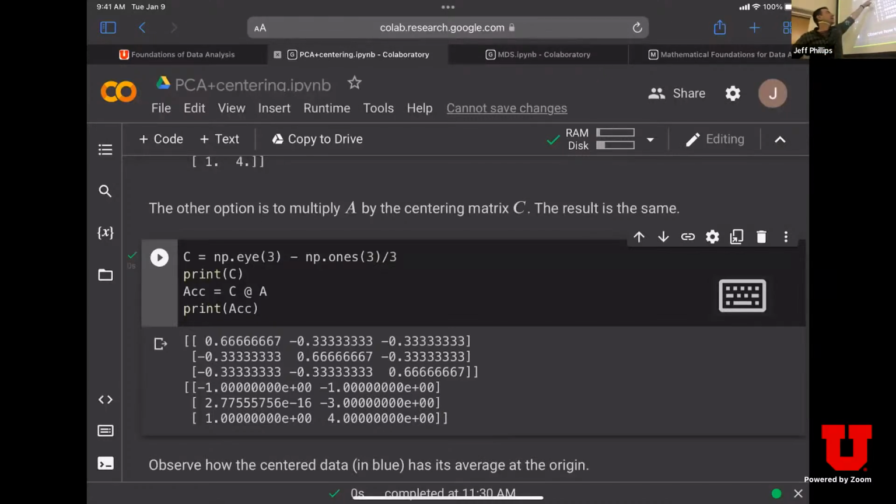I've basically gotten the same thing: -1, 0, 1. The 0 is 2 times 10 to the -16, so there are some rounding issues going on here, but basically 0, and -3, -1, 4. So it's gotten the same thing up to some very small rounding errors.